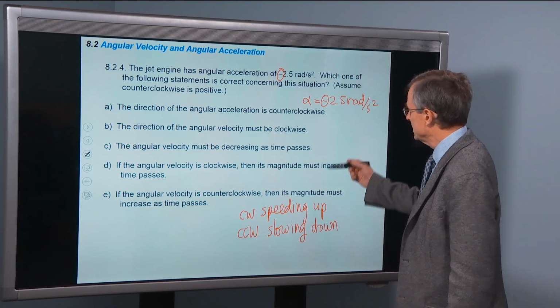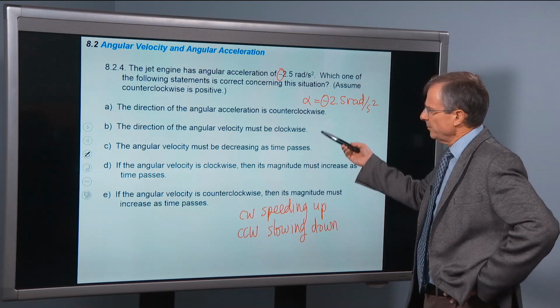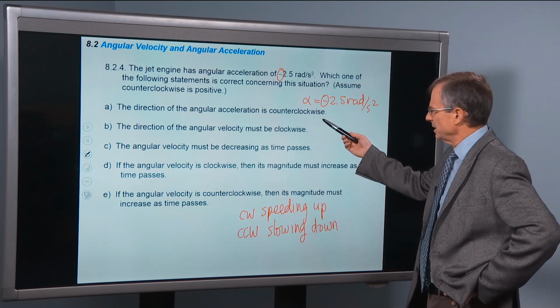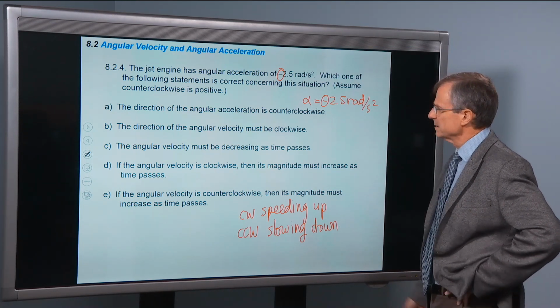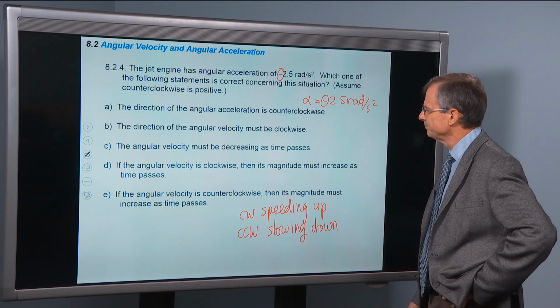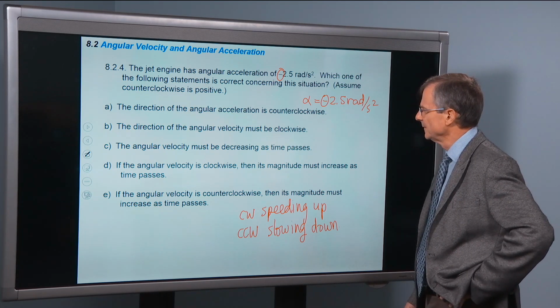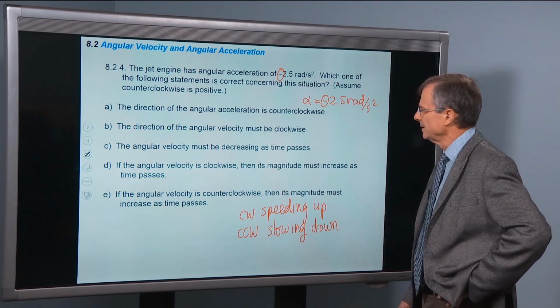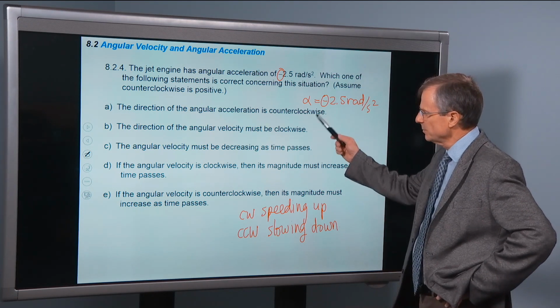Let's see which of these statements will fit. The direction of the angular acceleration is counterclockwise. Yeah. Let's look at some of these other ones and come back to that one.